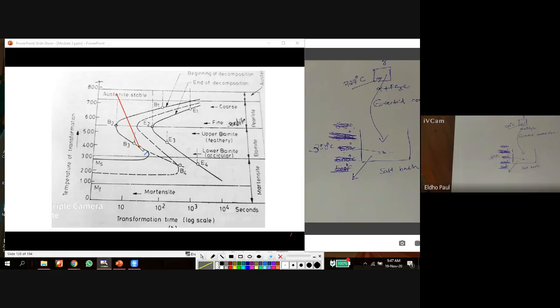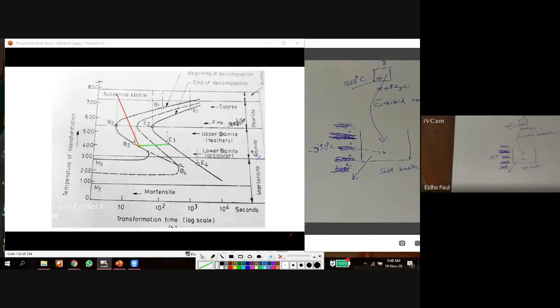With the progress of time, the austenite is converted to bainite. Here 10% austenite is converted to bainite, 20%, 50%, and at this point 100% austenite is converted to bainite.